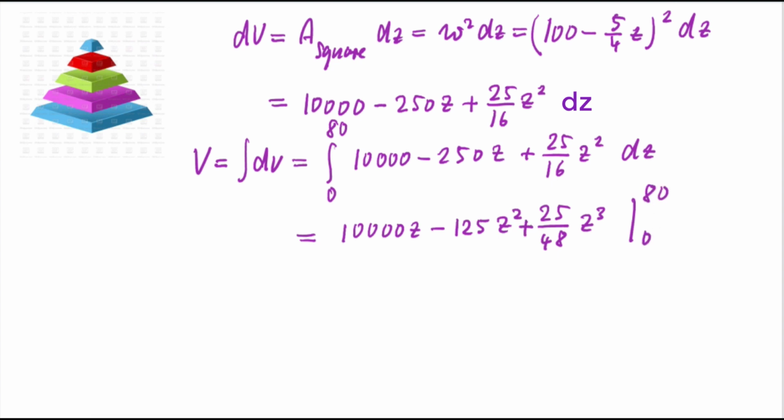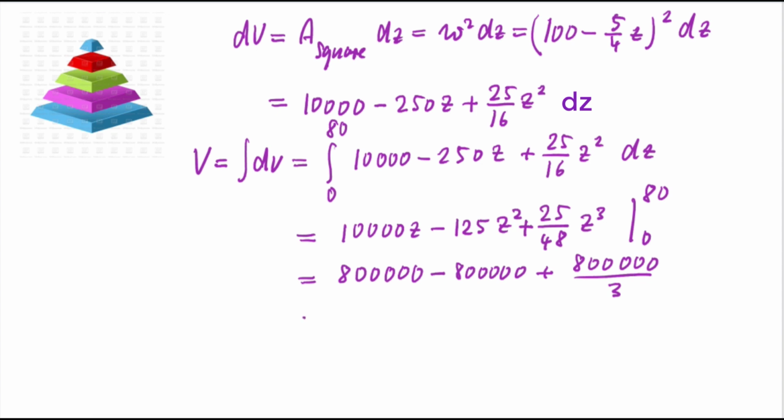And then we have to sub in the 80 in all this. The first term is 800,000. The next term you can compute is also 800,000. And then the last term, if you compute it, it will be 800,000 thirds. 800,000 divided by 3. Okay, so the first two terms cancel and the last term remains.